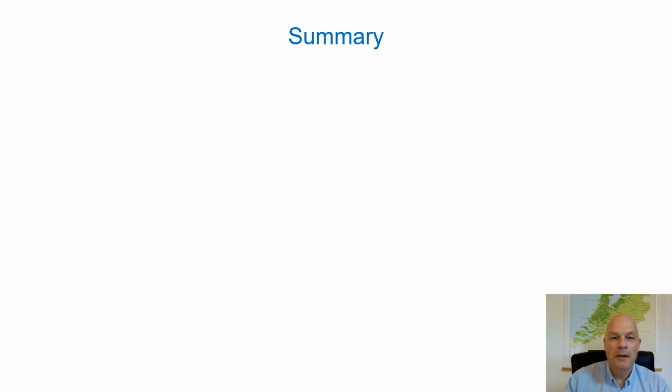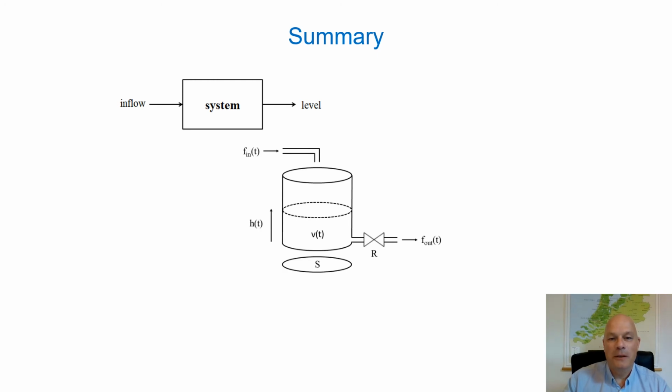In summary, we have a system with an inflow and an outflow, and I have to be careful here because our independent variable is inflow, and the dependent variable, level, could be outflow as well, but in this case it's level. So that's a requirement, and we presented and briefly discussed a conceptual model, and then we derived a mathematical model.